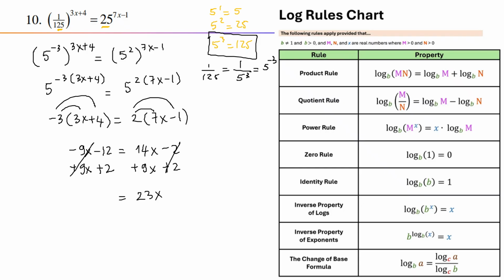Okay, now we have negative 12 and 2, that is negative 10. To solve, or isolate x, we divide both sides by 23, so that 23 divided by 23 is 1x. Okay, that is negative 10 over 23.